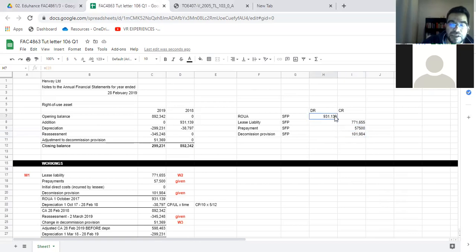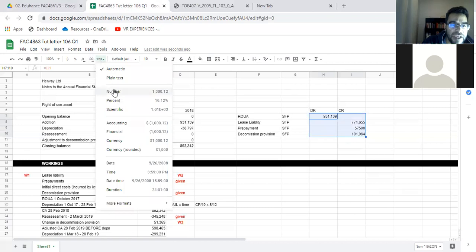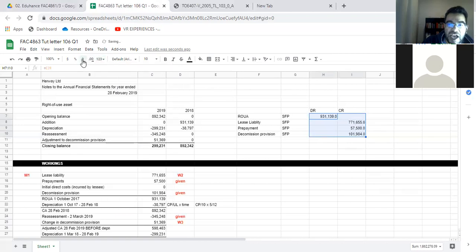Okay, so this is a typical question. If we had initial direct costs this year, the initial direct costs will generally be paid cash to the lawyers, or we pay the lawyers next year. So we'd just say Credit Bank if we pay the lawyers cash, or credit trade payables if we must still pay the lawyers.